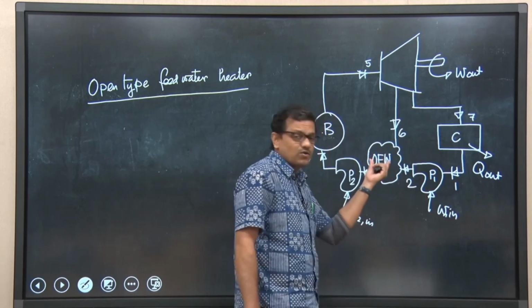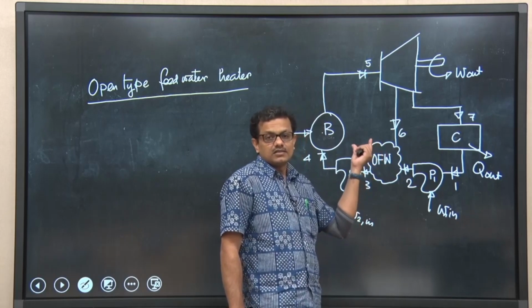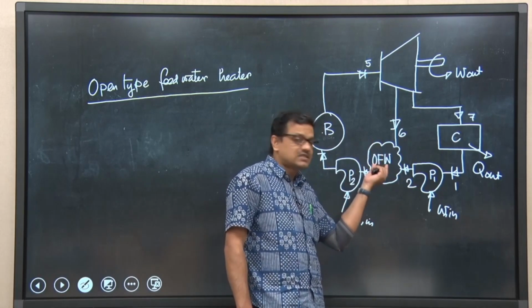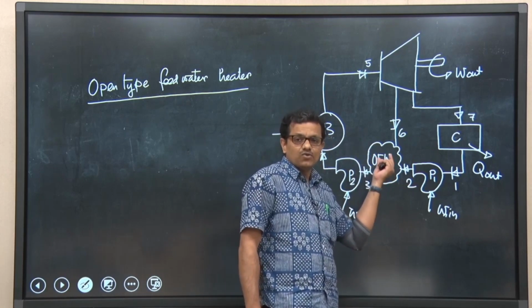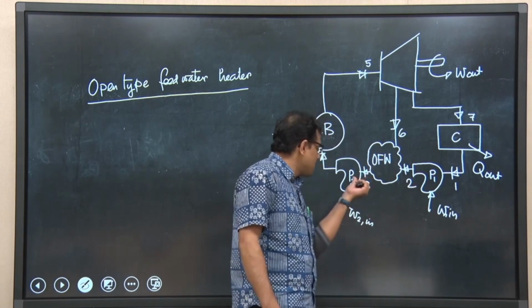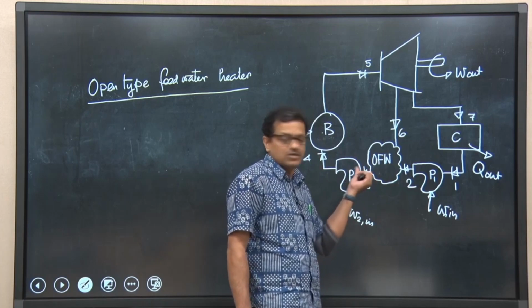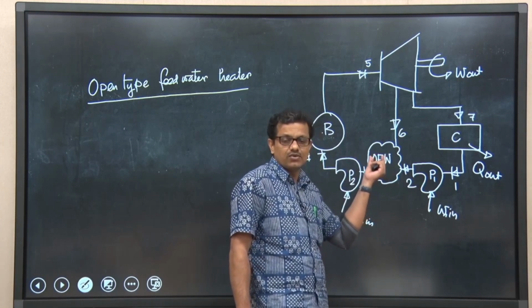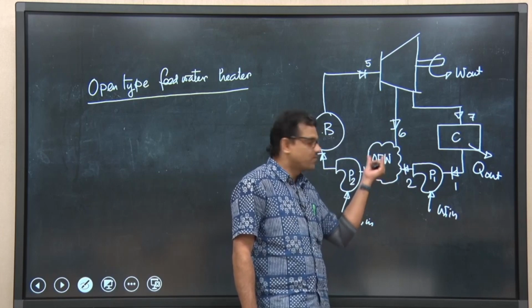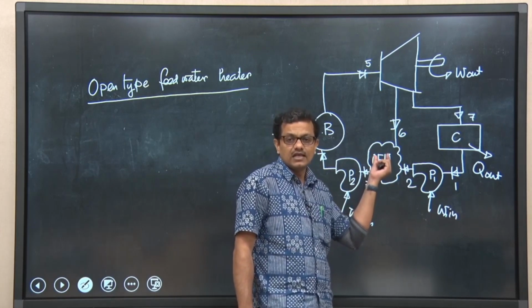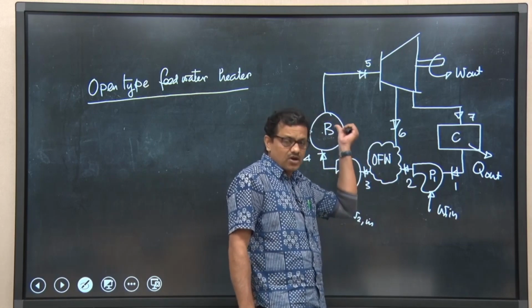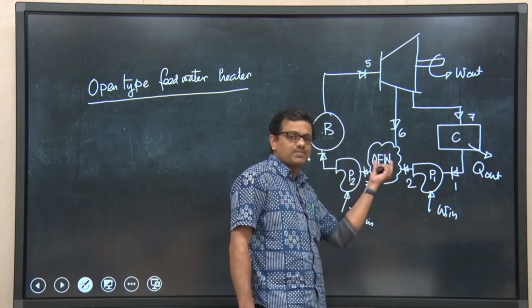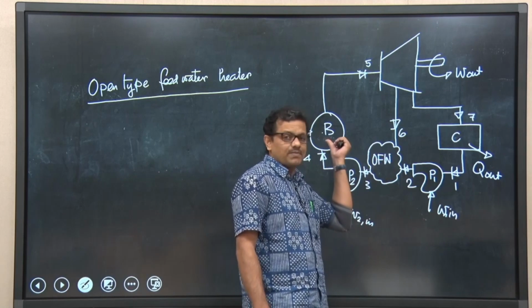Now, what would be the thermodynamic state of the mixture after mixing? Would it be a two phase mixture? No, because a pump cannot handle a two phase mixture again. So, the mixture which we get from the open type feed water heater should be pumped back to the boiler, because the pressure of this mixture is less than the boiler pressure.